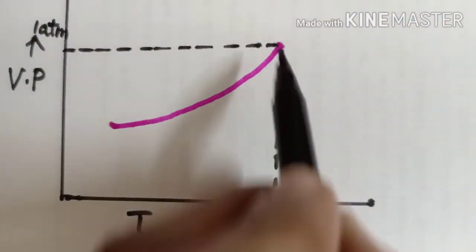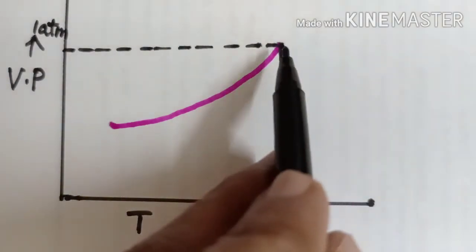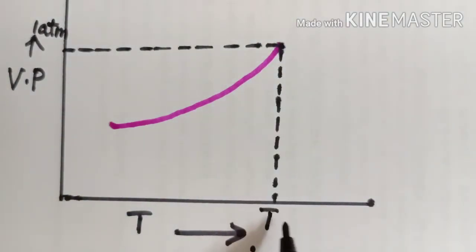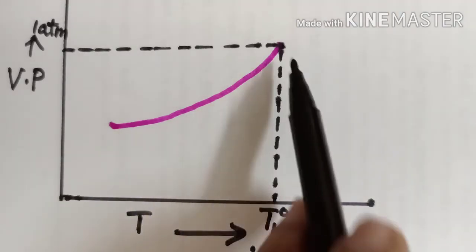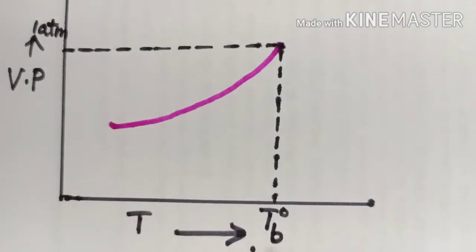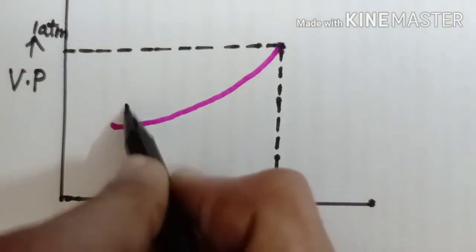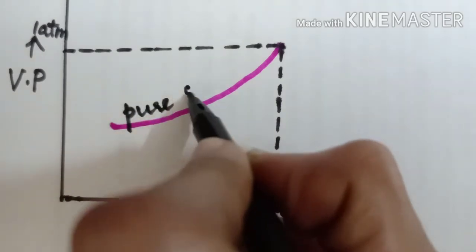So you find that at the point T0B, we say that the pure water starts boiling. So that becomes the boiling point of water. So for pure water, it is found to be 100 degree Celsius. So I'll mark it as pure solvent.